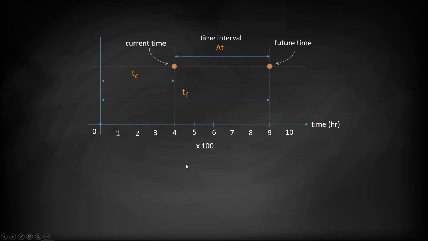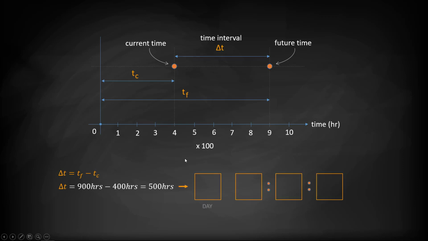Now that we have these measurements, we can calculate delta T. Delta T is equal to TF minus TC, which is 900 hours minus 400 hours equals 500 hours. And this is the number of hours that will elapse before the current time overlaps the future time.